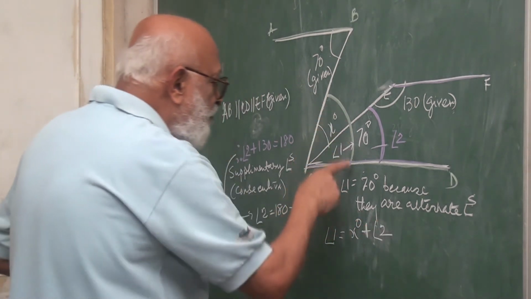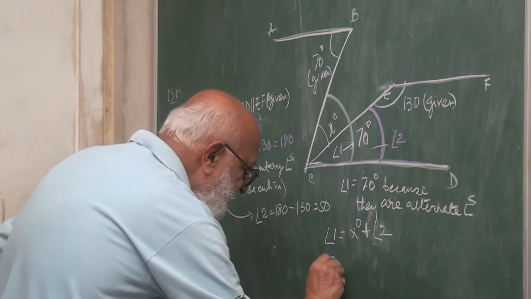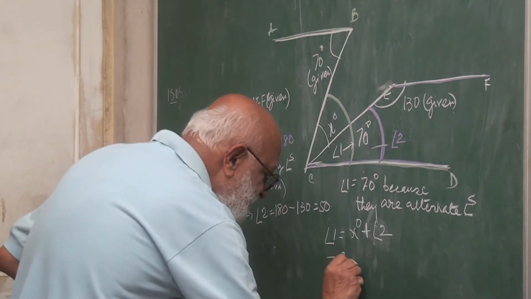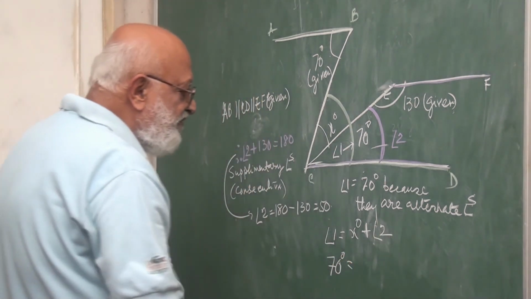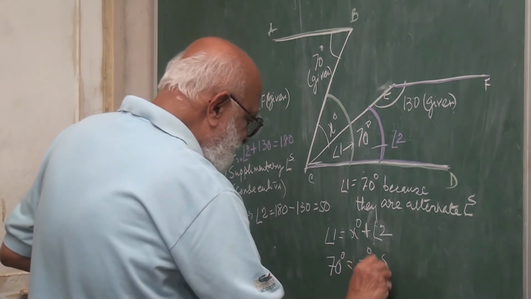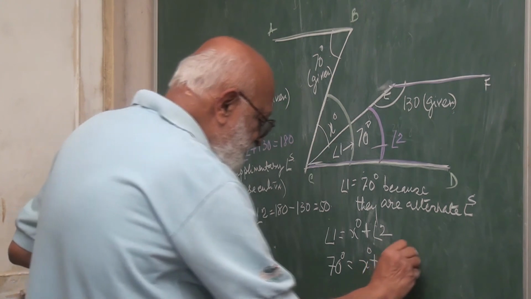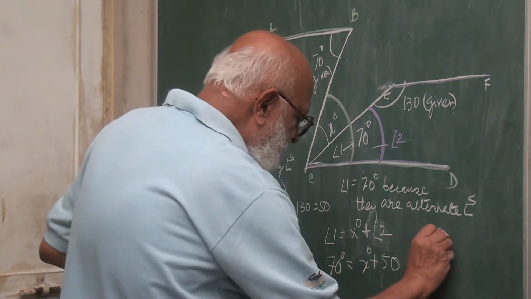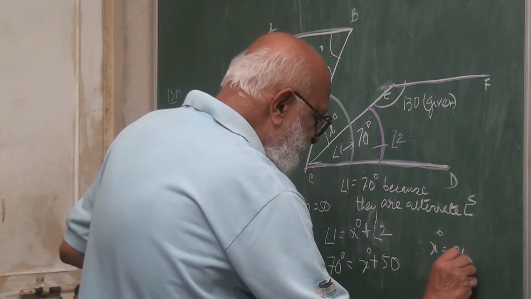Angle 1, the whole thing, is 70 degrees. Don't get confused, there are a lot of chances of getting confused. So 70 equals x plus 50. Therefore, x is equal to 20 degrees.